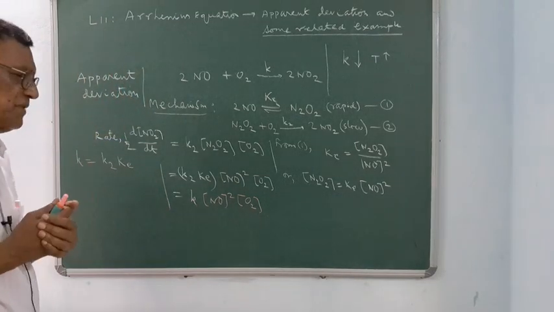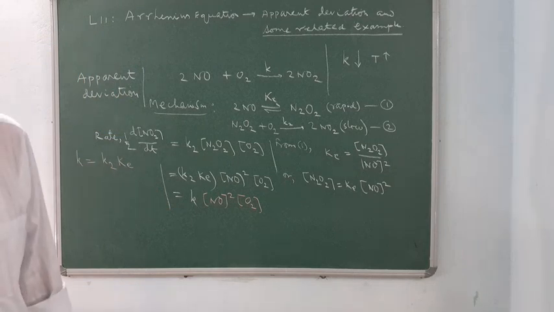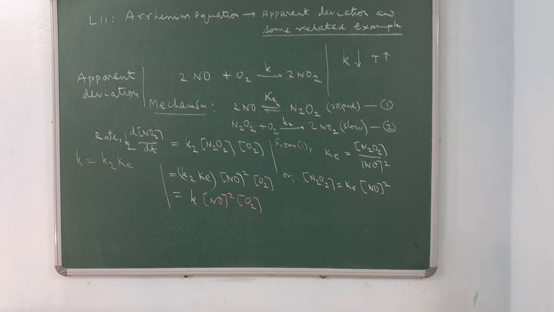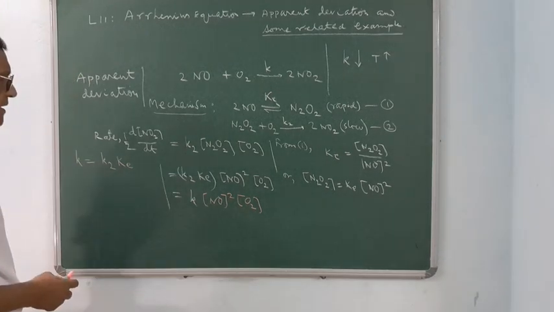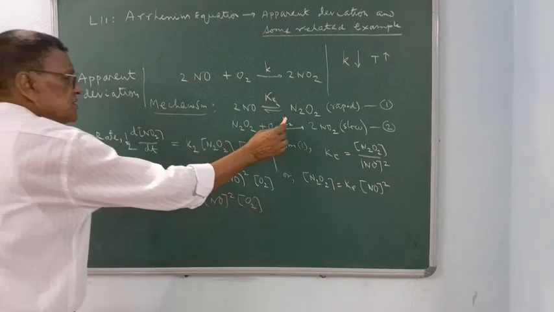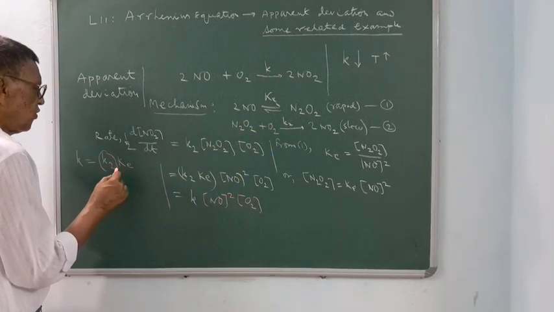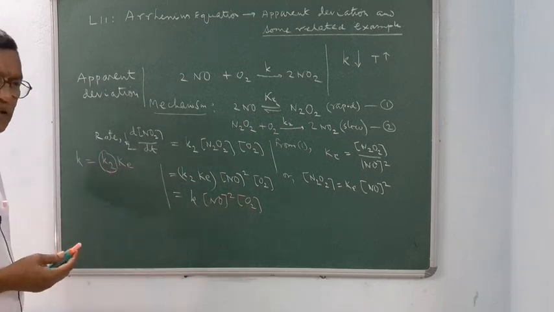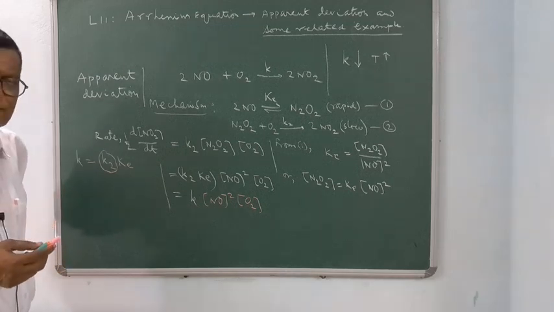How could you explain this? This could be explained on the basis of this mechanism. k2 is a rate constant, so it behaves normally according to the Arrhenius equation.